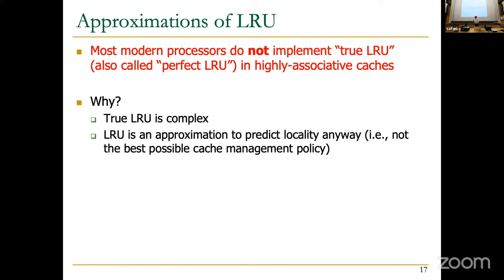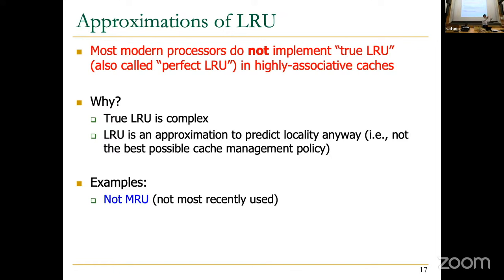We've just discussed this. The second is LRU is already an approximation. It's already a heuristic anyways. It's not perfect, clearly. It's not the best possible cache management policy, essentially. And people have shown that there are other cache management policies that are better, as we will see soon in some cases. So what do processors implement today?